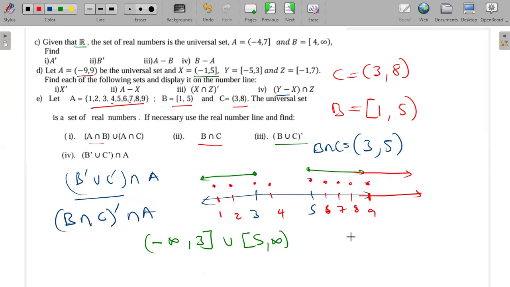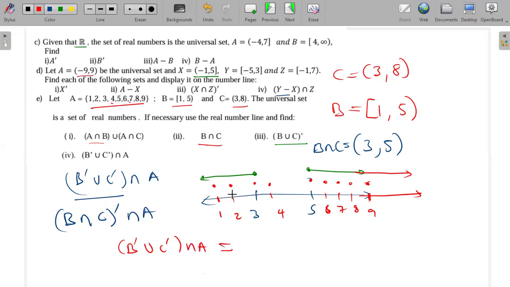So where do these intersect with the green ones? Let me erase this here. So the final answer, let me write here: B complement union C complement intersect A.